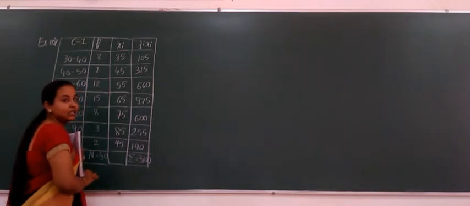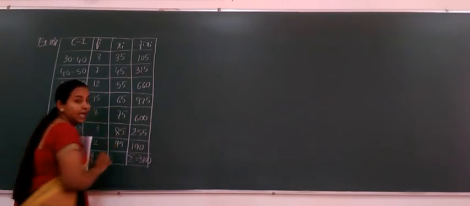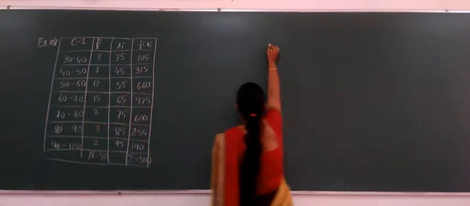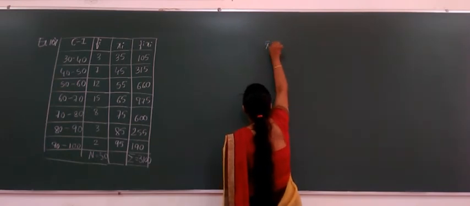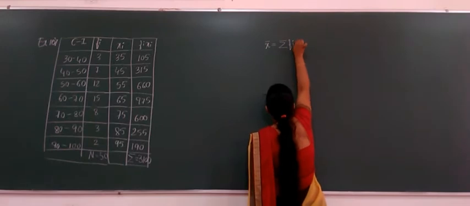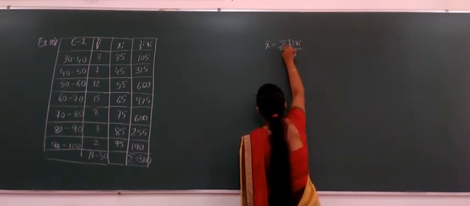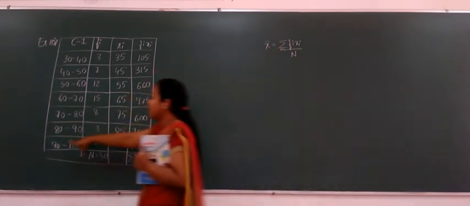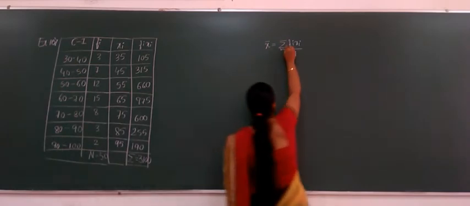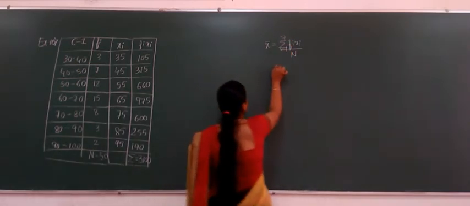What is this 3100? It is summation of Fi into Xi. Knowing this, we can calculate our mean. The formula is summation of Fi into Xi divided by n, where i goes from 1 to 7, as we have 7 intervals.